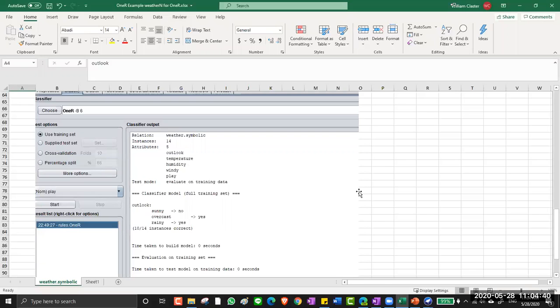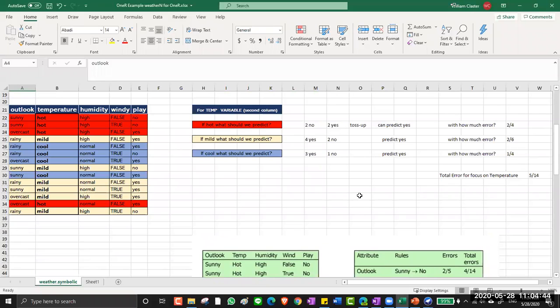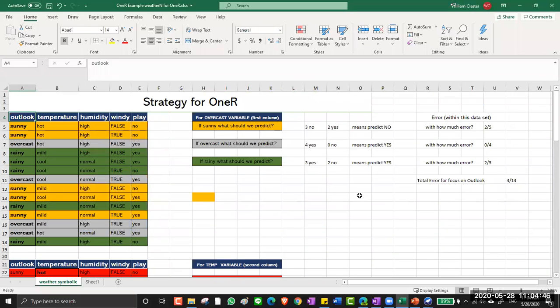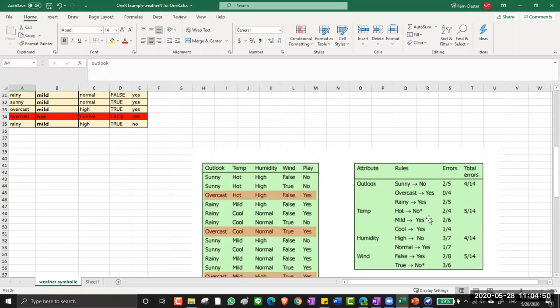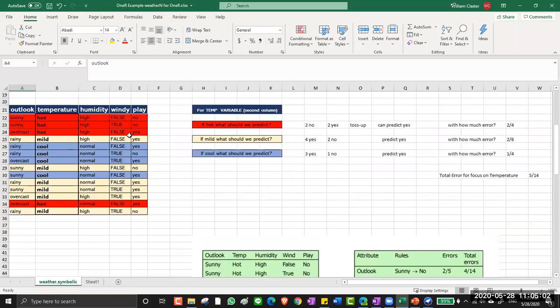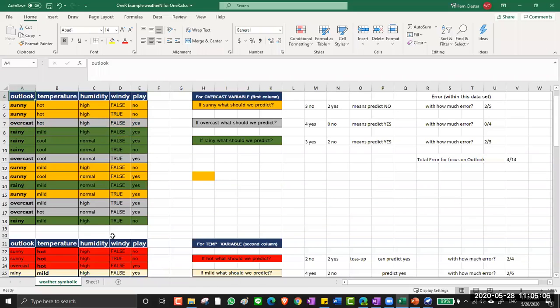Okay? And how much error does that give us? No, Outlook gives us 4 out of 14, right? In this data set, right? We're not talking about some future data set, just within this data set.